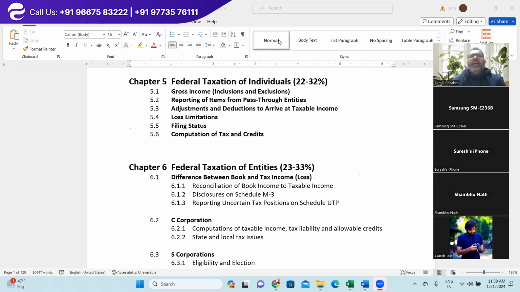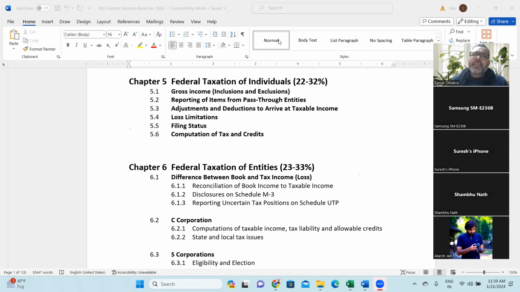Then after that, we'll be understanding the filing status. This is also a 100% new concept for each one of you. None of you will have exposure to this. In the United States of America, there are five types of filing status. The first one is single filing.